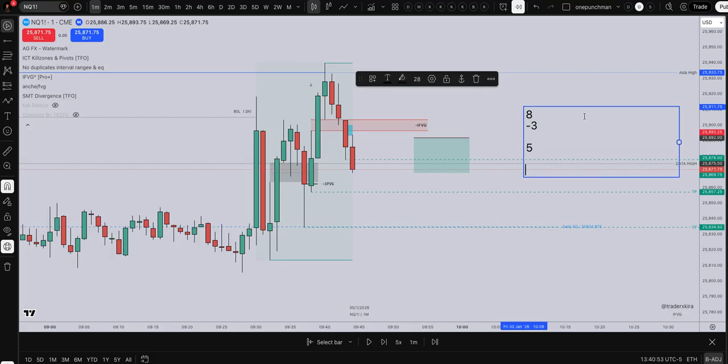The reason I'm taking 3 off the table is I'm just making sure I get paid. I'll usually look to skim roughly 30 to 50%. It just depends on how things look and how risky things look. So TP1's there, and TP2 is down here, somewhere in this area.